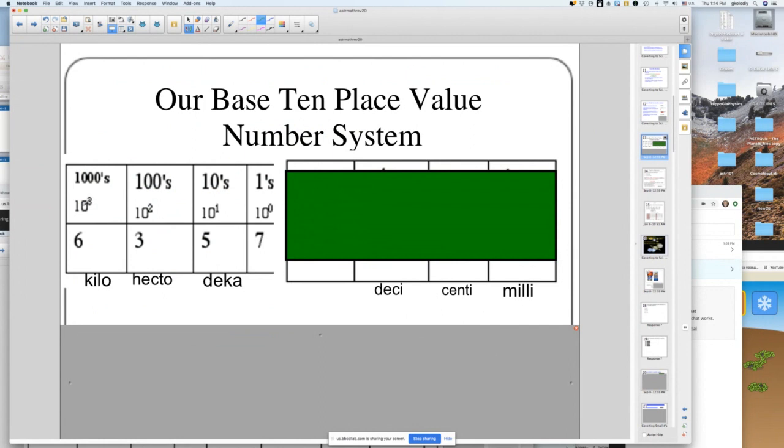But you notice that as we go from here to here to here, each number is 1/10 of the previous one. 100 is 1/10 of 1,000. 10 is 1/10 of 100. 1 is 1/10 of 10. Let's keep going. Why stop here? This is 10 cubed, 10 squared, 10 to the 1, 10 to the 0.